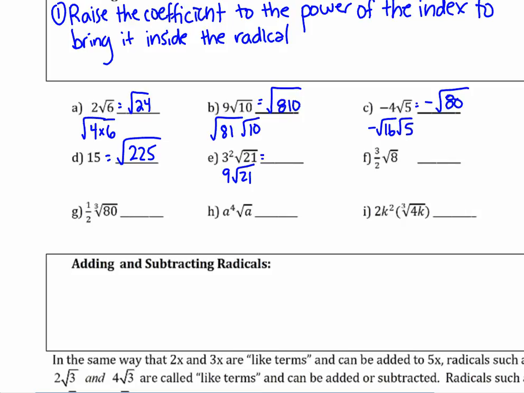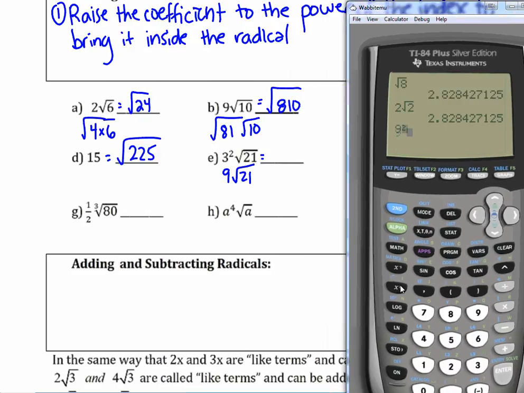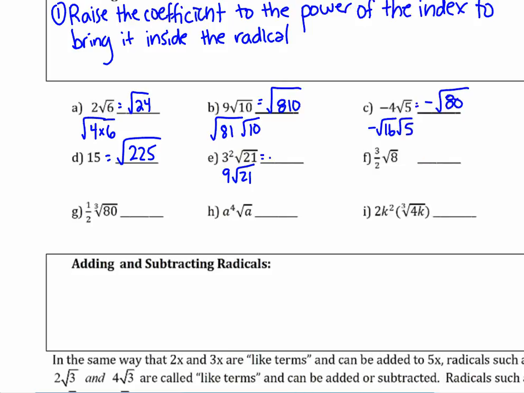So quickly on your calculator, go straight to taking your coefficient, squaring it, times the radicand. How would you bring 3 over 2 in?